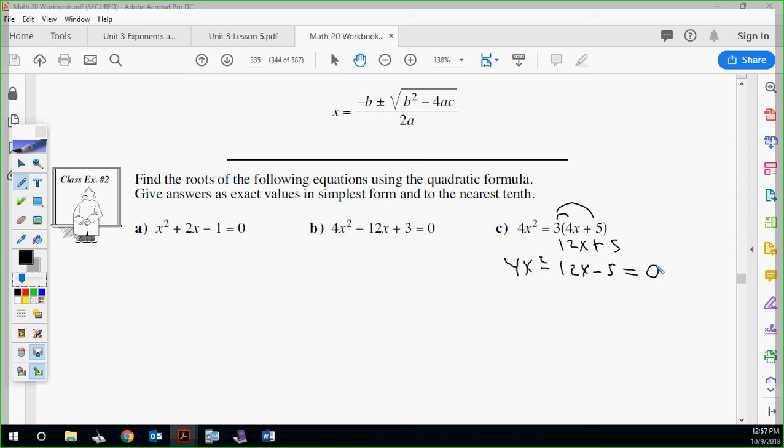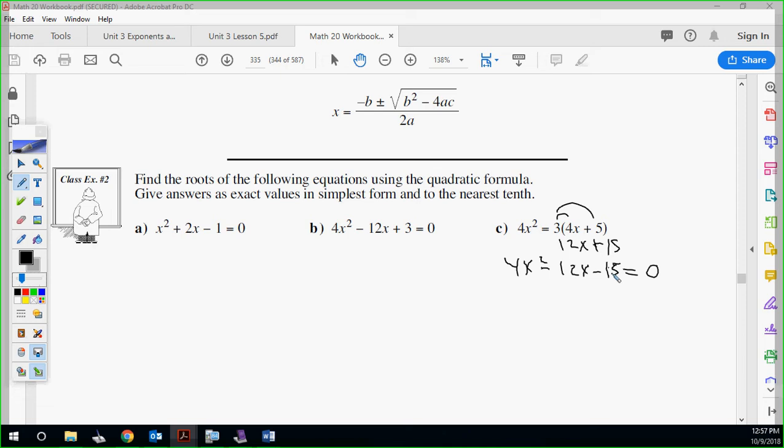Whoops, that's my fault. 15. Yep, and then moved all over. Now we have our A is 4, our B is negative 12, and our C is negative 15.